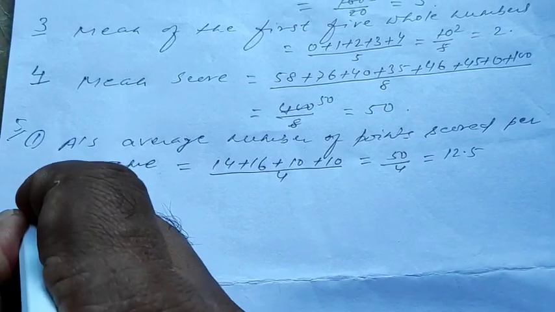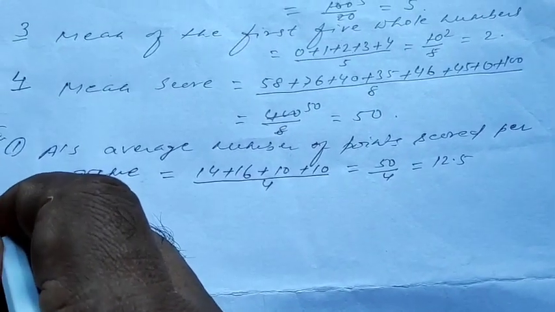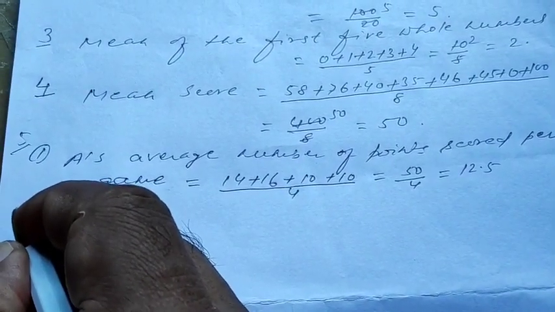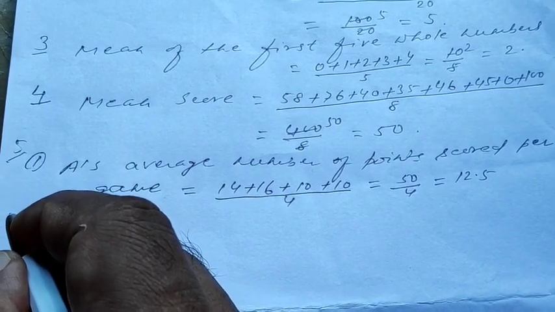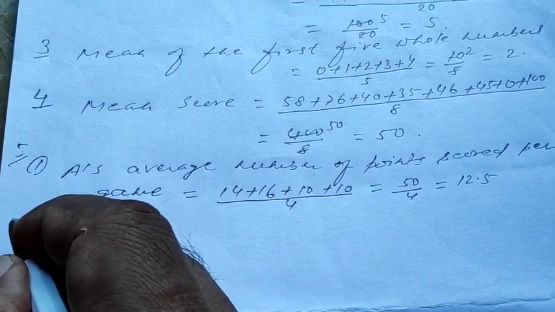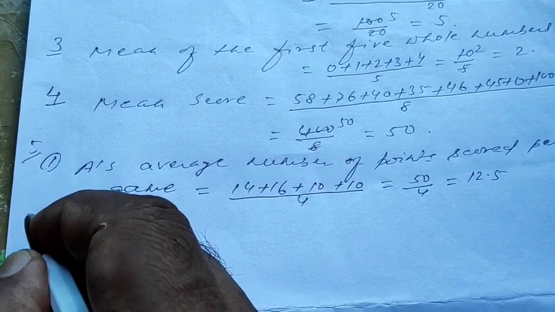Now question number 2 of 5. In question number 2, to find the mean number of points per game for C, would you divide the total points by 3 or by 4? Why?